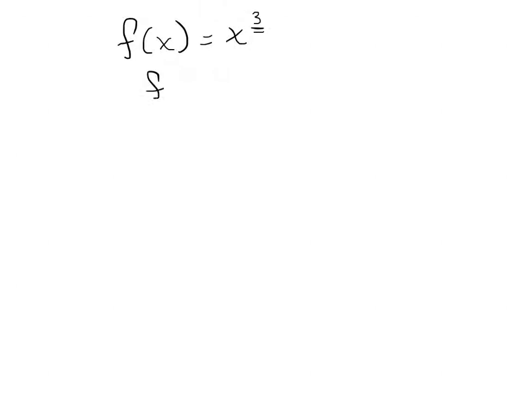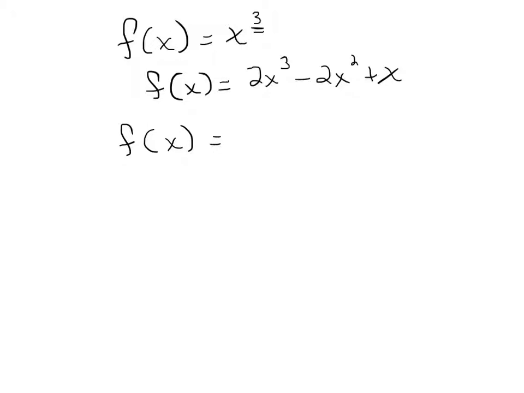So if you have f of x equals 2x cubed minus 2x squared plus x, it's still a cubic because the highest power you have is a 3. A quartic is f of x equals x to the 4th, because again that highest power is a 4, so this is quartic.